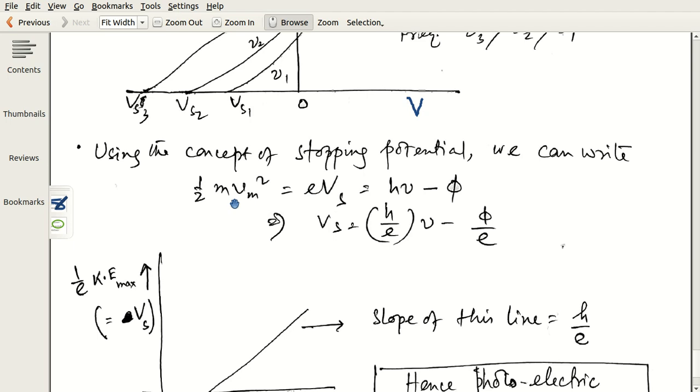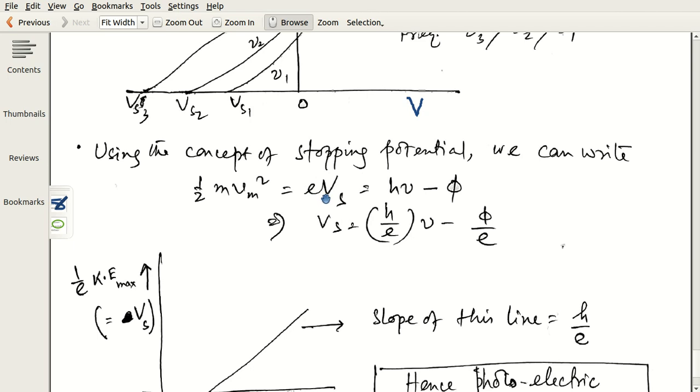The electrons want to go out of the surface, as the incident radiation is there on the plate, and they have certain energy. Now you are not allowing those electrons to go out, and for that you are putting more energy through the battery to stop the electrons. So if no electron is going out, then these two must be the same.